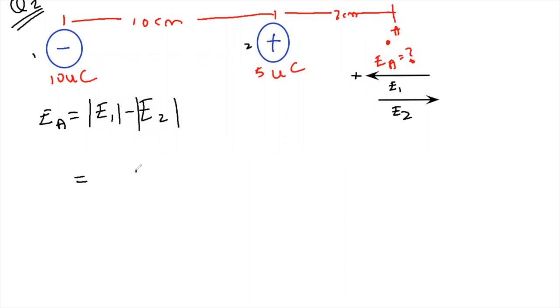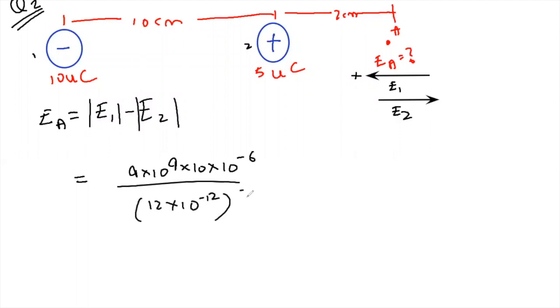Let's see. 9 into 10 raised to the power 9 into 10 raised to the power minus 6, and 12 into 10 raised to the power minus 12 squared. And what do I do here? Do I subtract or do I add? Because that's what's going to decide where did you go wrong. Now, since I literally just made this minus sign, I am going to subtract them.